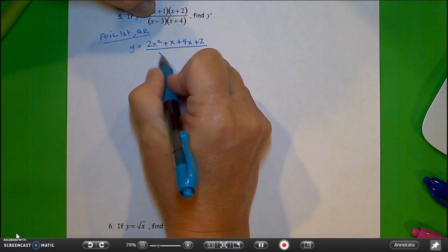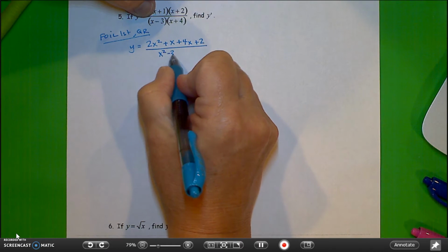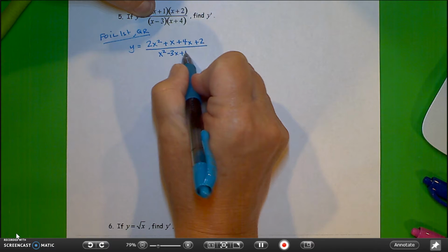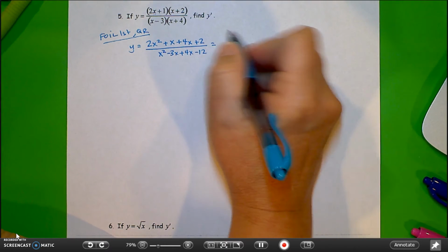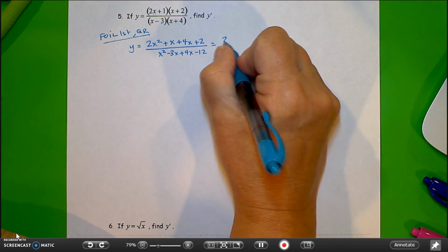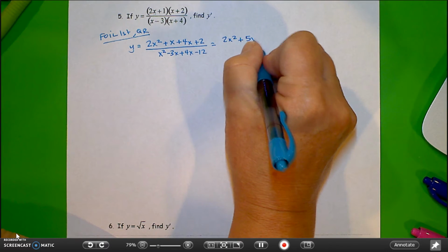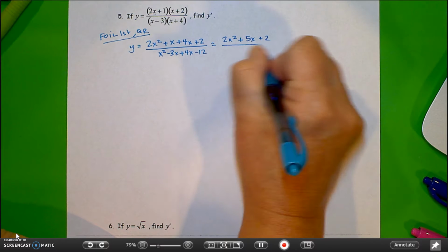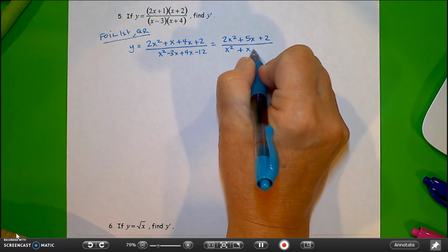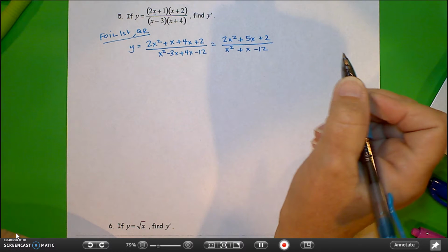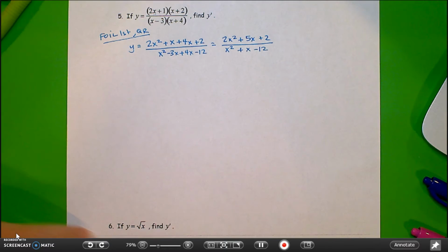Denominator, what do I get? x squared minus 3x plus 4x minus 12. And just to clean those up, 2x squared plus 5x plus 2 all over x squared plus x minus 12. Okay, so that's what I want to get the derivative of.